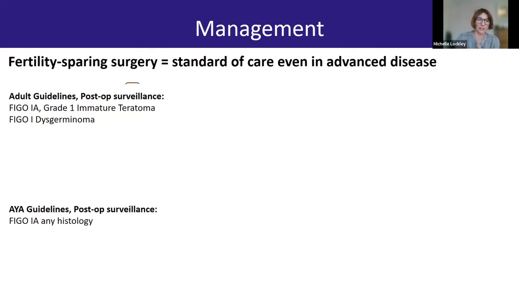There's another set of guidelines for AYA patients, also through ESMO, but defined by SIOP, the Society for Paediatric Oncology. And so they allow post-op surveillance in FIGO stage 1A disease, so that's just confined to one ovary, with any histological subtype. So some slight differences there.